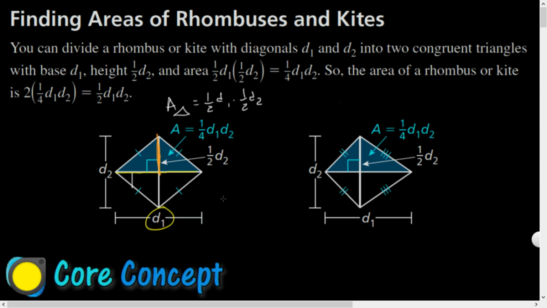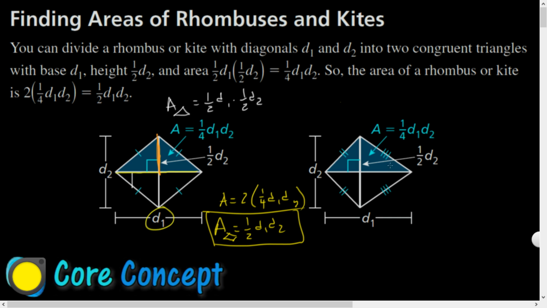Those were the easy days, but we used to hate proofs. So if I double the area of this triangle, 2 times a fourth D1 D2 becomes a half, and I get 1/2 D1 D2 as the area of the rhombus, and that is the area for that.